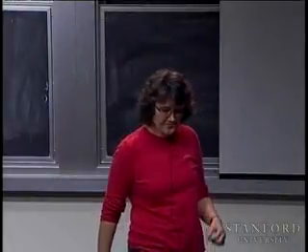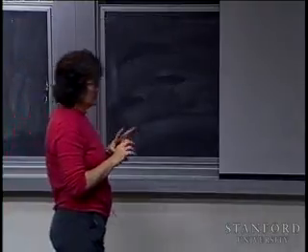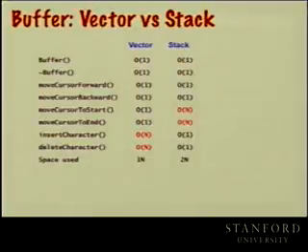Let us refresh about where we were at the end of Wednesday. We had talked about the vector form of the buffer, the editor buffer that's backing the word processing client, and the two-stack version, where we're shuffling stuff off and on the before and after stacks to get things done.